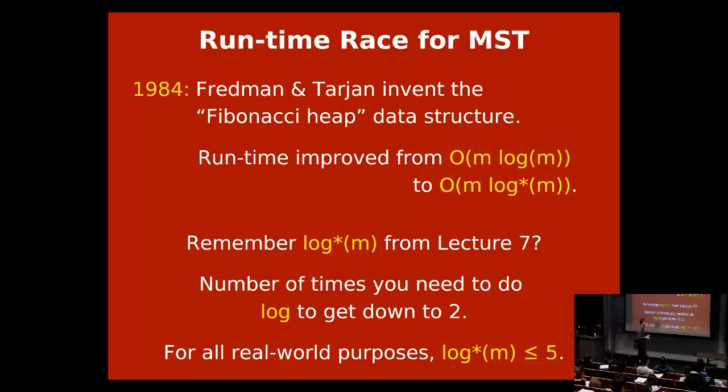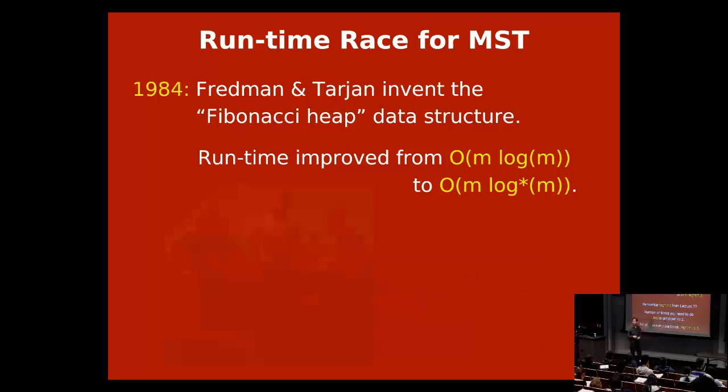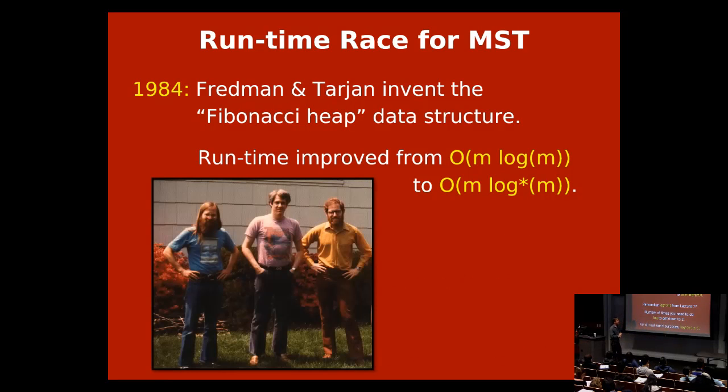For every real world scenario, log star of m is at most 5, because that's like saying the number of edges is at most 2 to the 2 to the 16, which is definitely true. So in practice, this is basically 5. So it's basically a linear time algorithm, but theoretically, it's not actually linear time. But that was pretty cool.